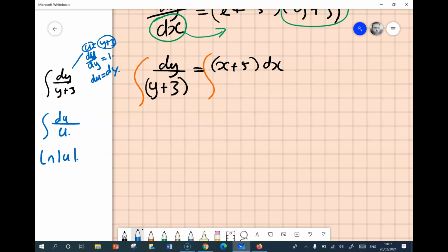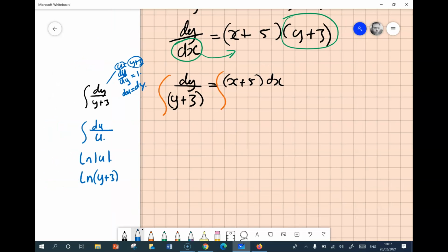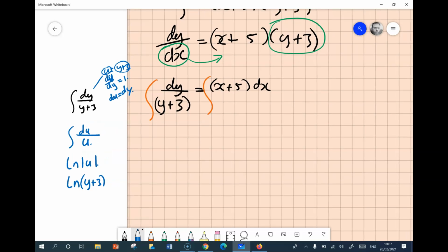Okay, so I've got my plus c there, but I'm going to hold on to all my plus c's till the very end anyway. So my natural log of u, and in this case my u is y plus 3. So natural log of y plus 3. Okay, now we're ready to put this back together.